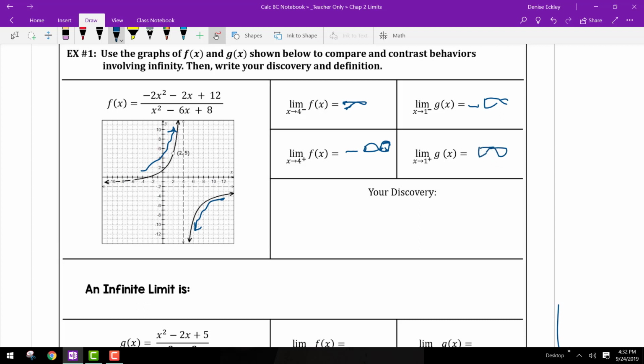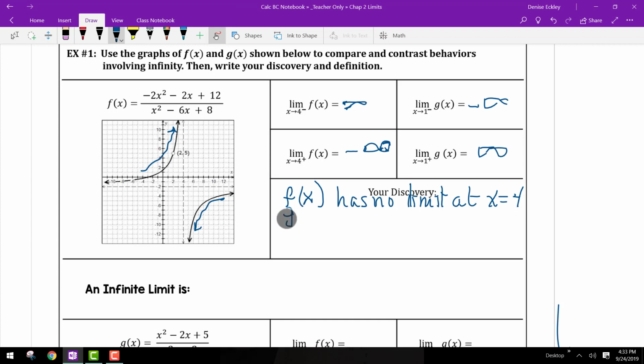So what is our discovery? Hopefully you can see, looking at the graph and from our left and right hand limits having different values, that f of x has no limit at x equals 4, because from the left we're headed to infinity, and from the right we're headed to negative infinity.